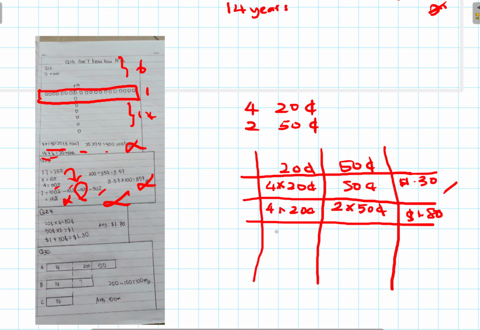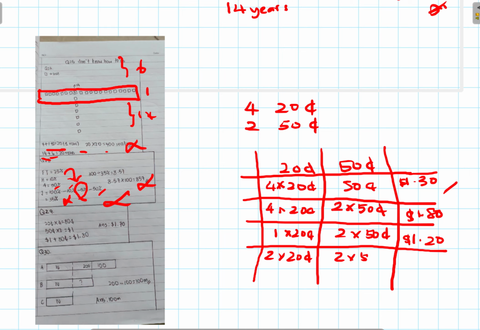So if I only use one 20-cent coin and 2 50-cent coins, it should give me a value of $1.20. $1.20 is also not in the list. If I use 2 20-cent coins and then 2 50-cent coins, it'll be $1.40.